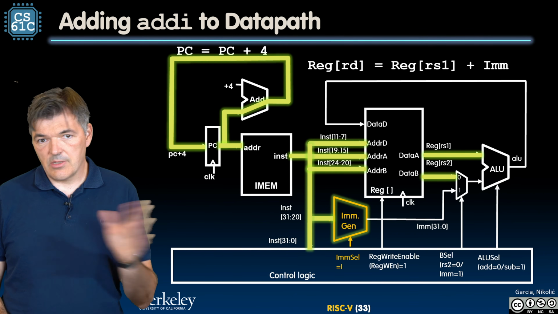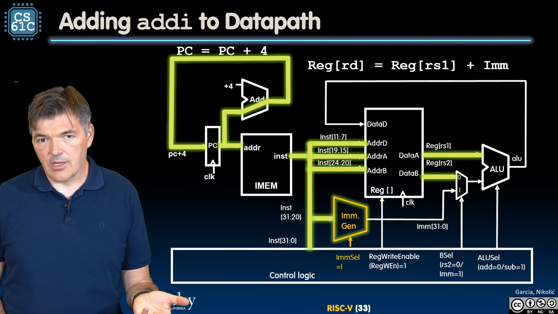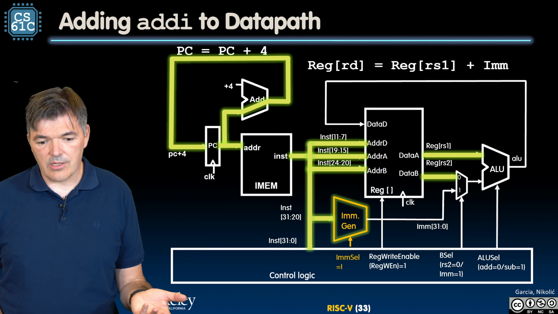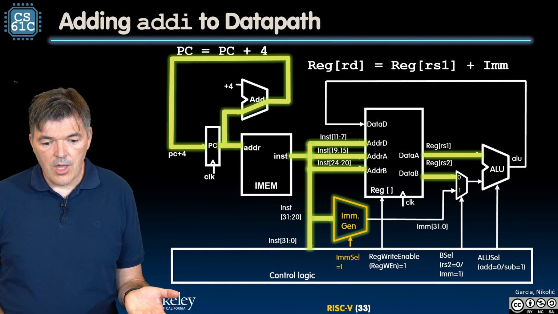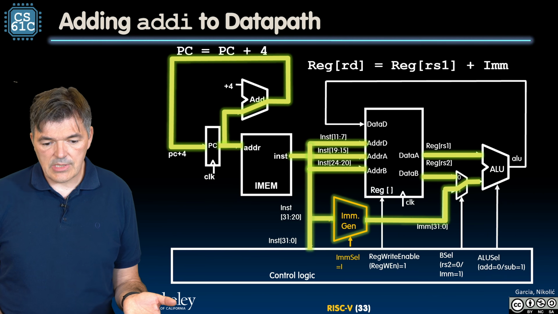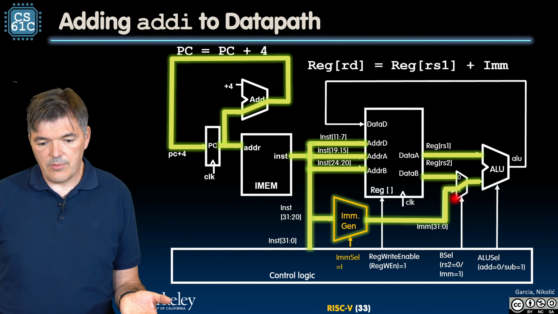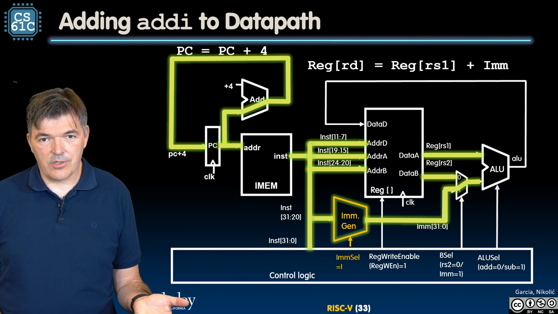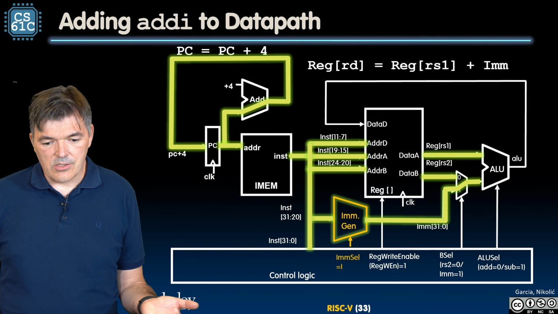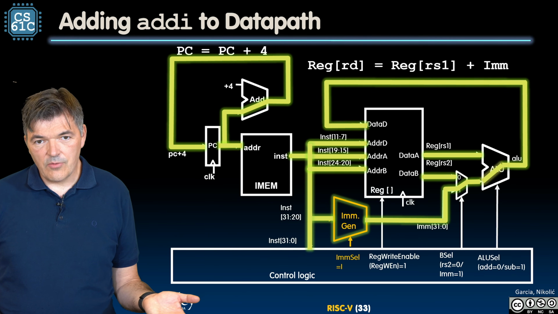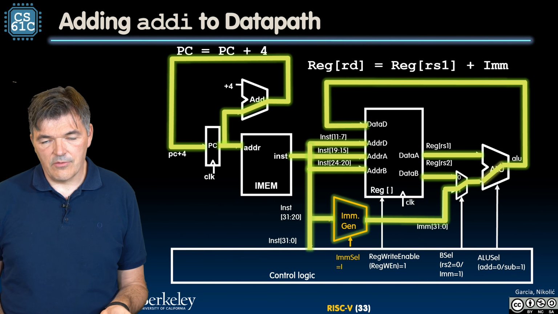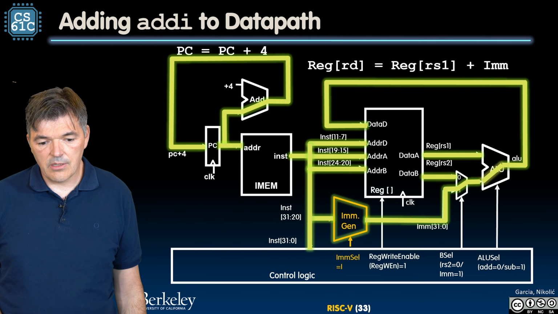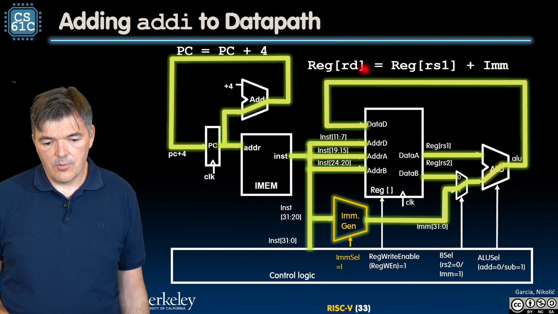We just give it an address, it produces an output. We don't need a clock or anything to make that happen. So we'll produce that value, but our multiplexer will be set to take the value of the immediate and forward it to the ALU. So the ALU will calculate the new value, the contents of RS1 plus the immediate, and put it back at the input of the register file.